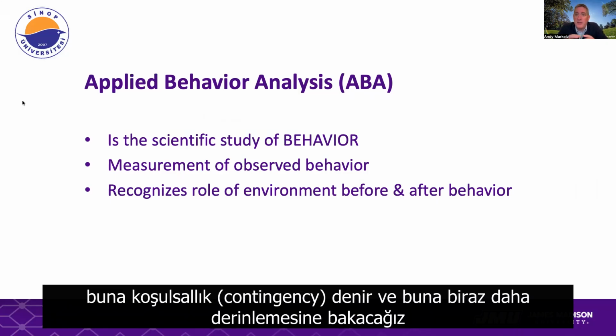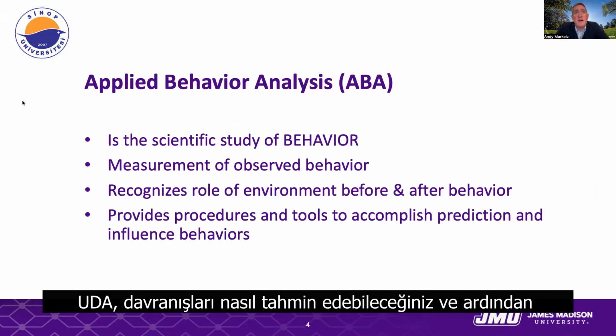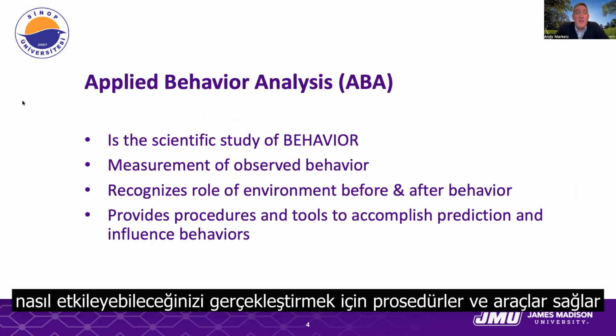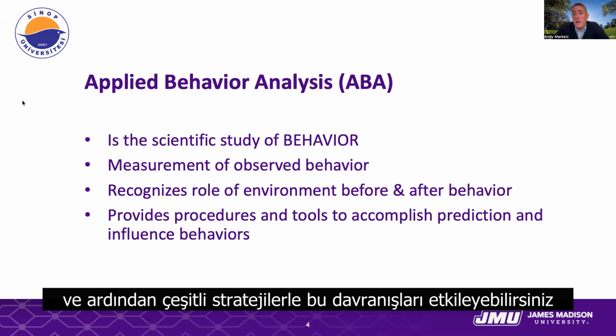And so this is called a contingency, and we'll look into that a little bit more deeply. And then ABA provides procedures and tools to accomplish how you can predict and then influence behaviors. So you can predict student behaviors, and then you can influence those behaviors through a variety of strategies.